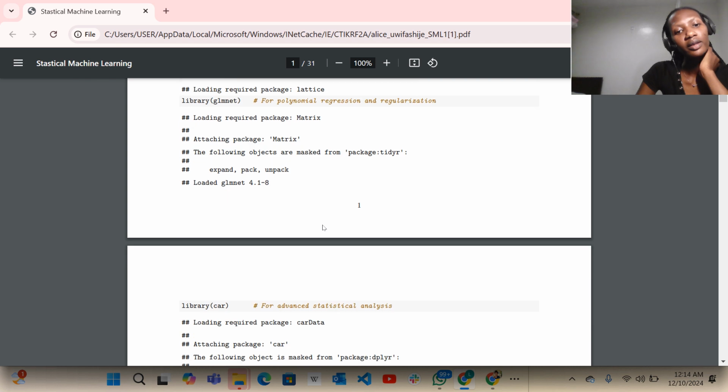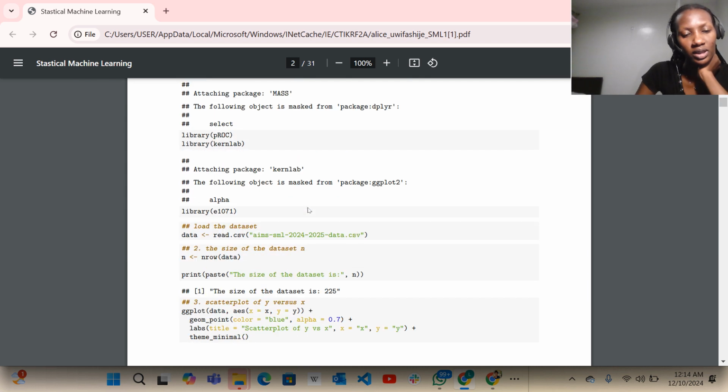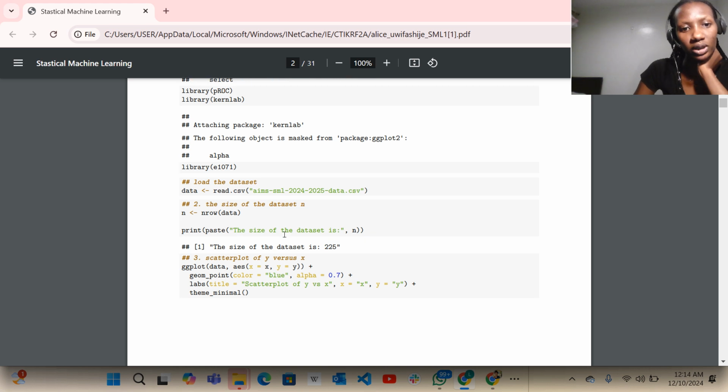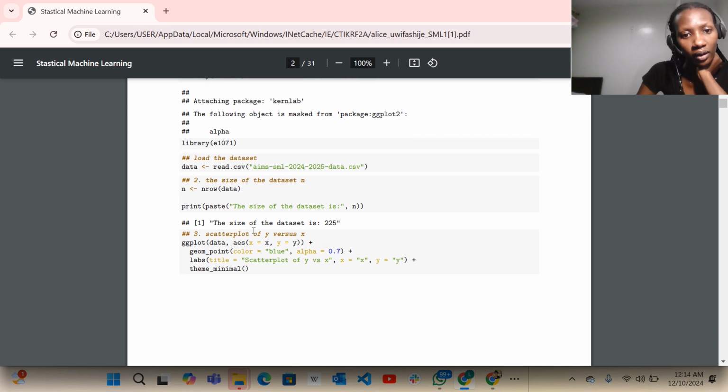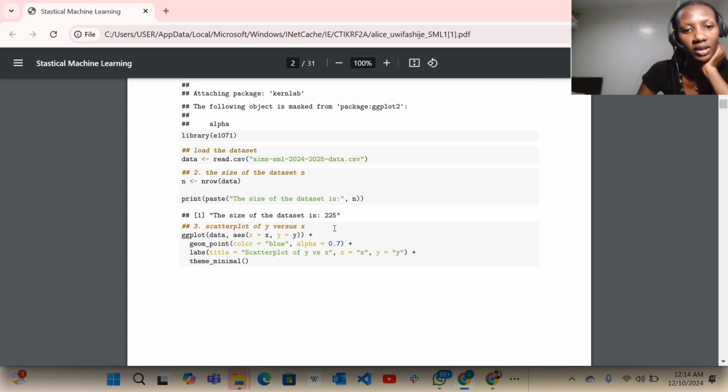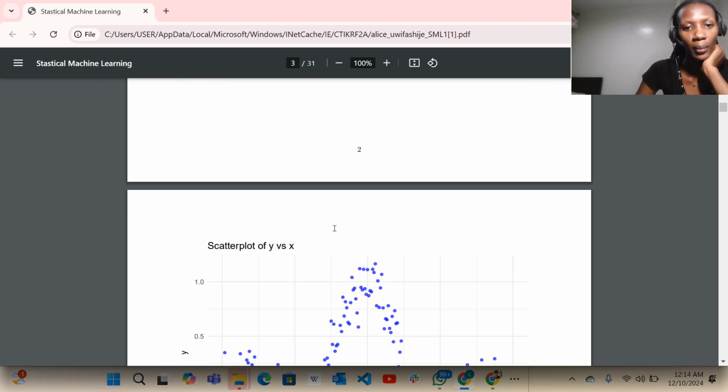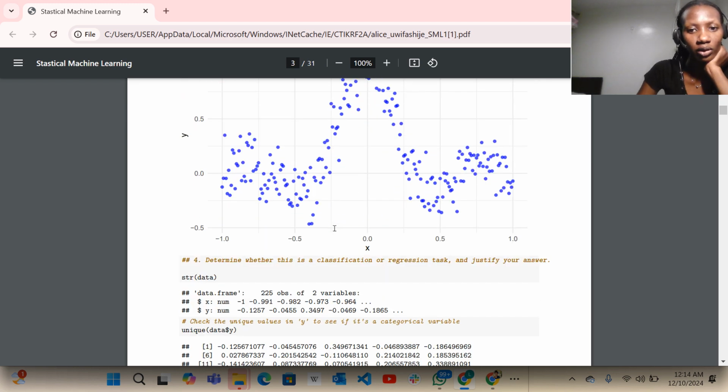Then we made a scatter plot showing the relationship between x and y. This scatter plot even gives us the best degree of the function to use in this question, which was a polynomial of degree 8.